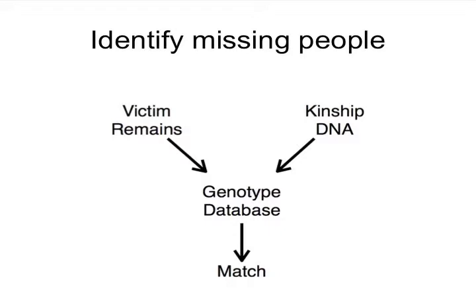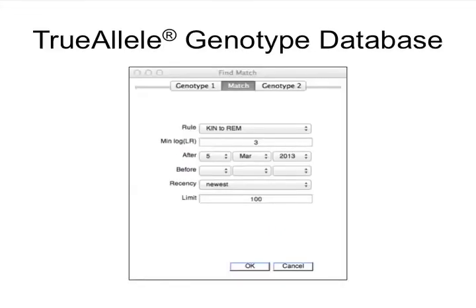So now that you've matched the victim remains with the missing people, you need a way to look at them. Here we're looking at the match interface. This is basically just a screen where you can go in and query the database to pull down the results you want to see.